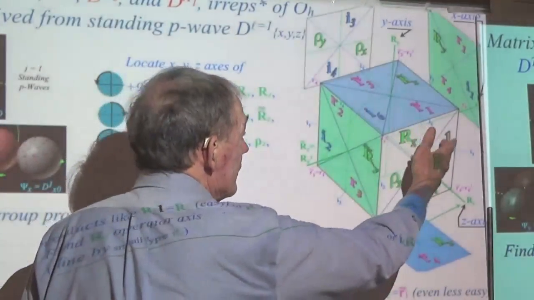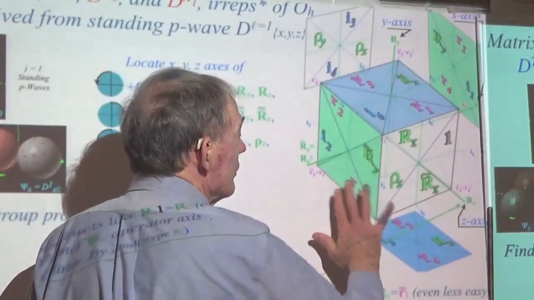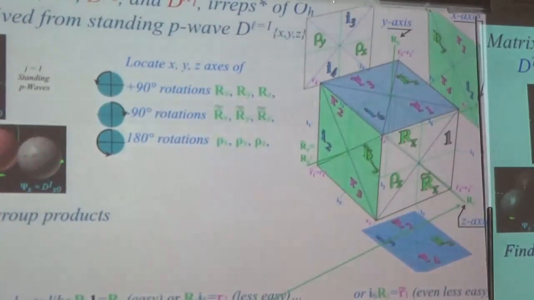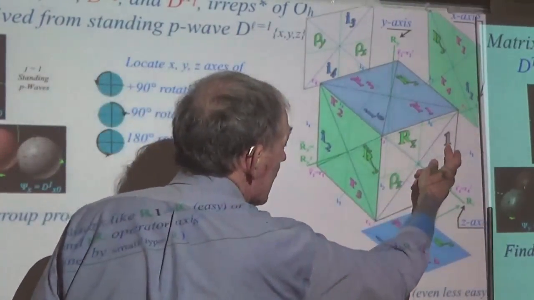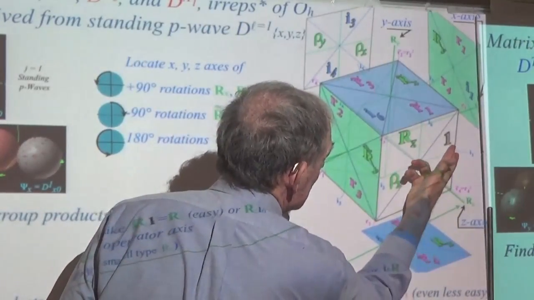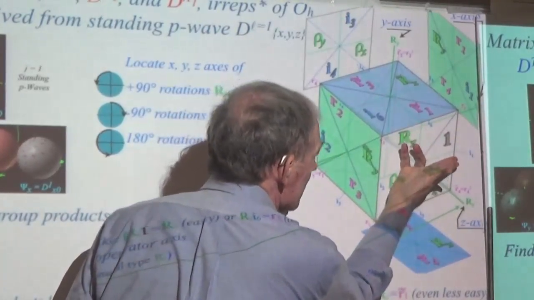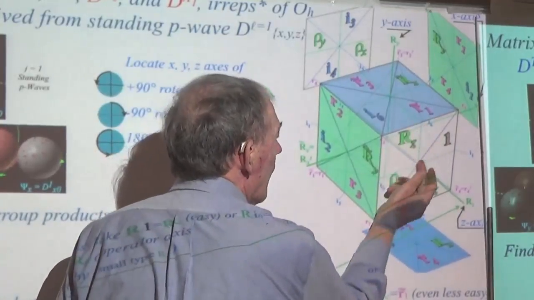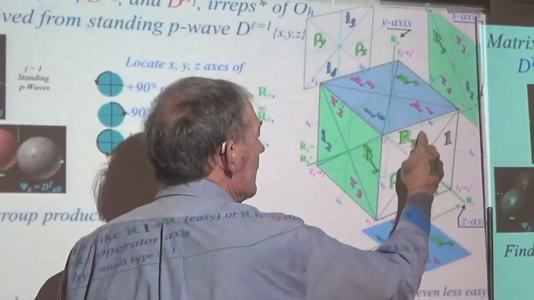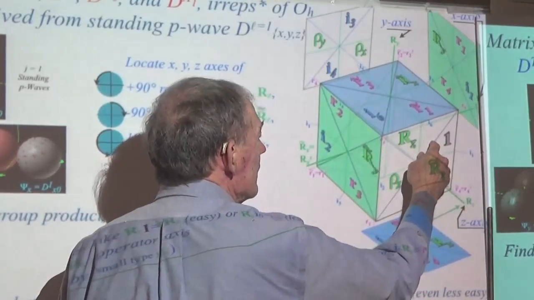Then these guys that are plastered onto the first surface of the cube, those are representing states obtained by a particular operator. So if I do RZ times the unit operator, that means I rotate by 90 degrees. You can see I'm rotating 90 degrees there, from there to there, or from there to there. 90 degrees between this line and that line, 90 degrees between this line and that.